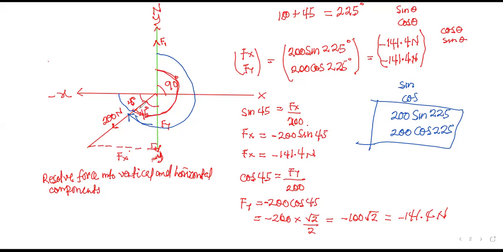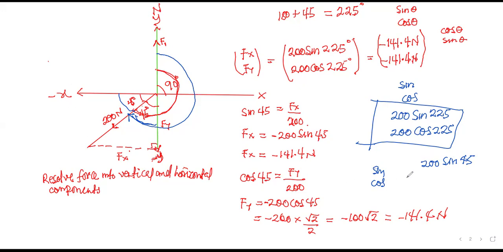So when we use the angle it makes with the y-axis, still the order must be sine cos, but this would be 200 sine 45, which is x, and it falls within the negative x-axis.